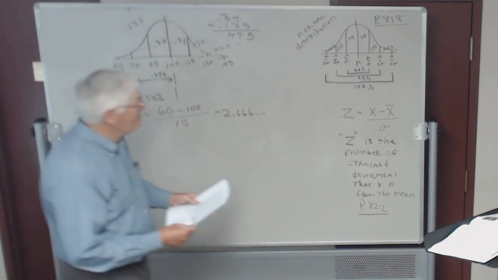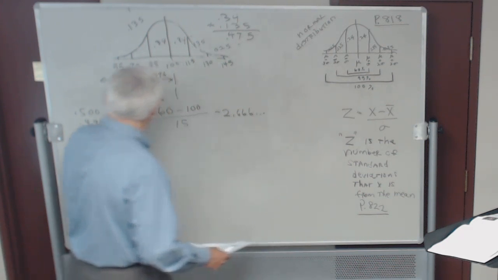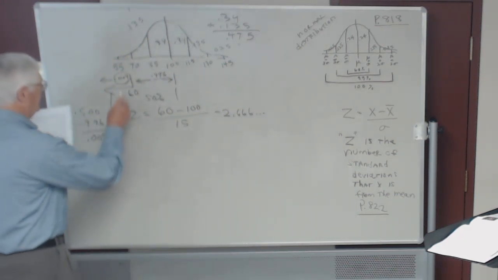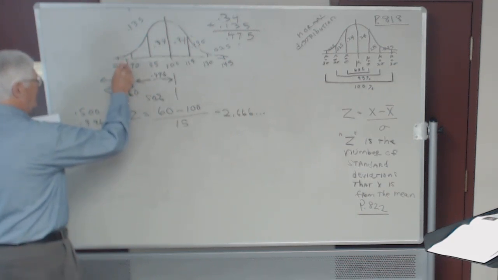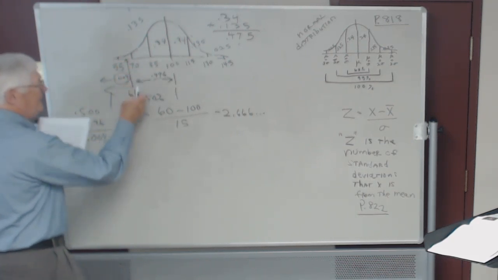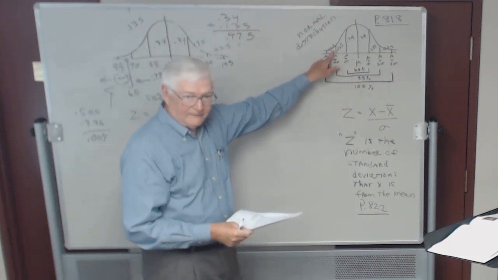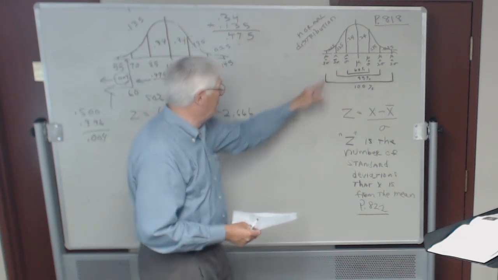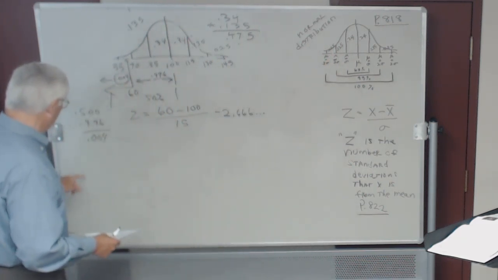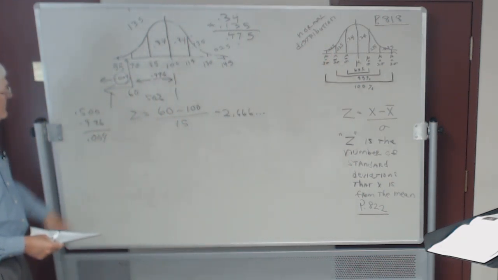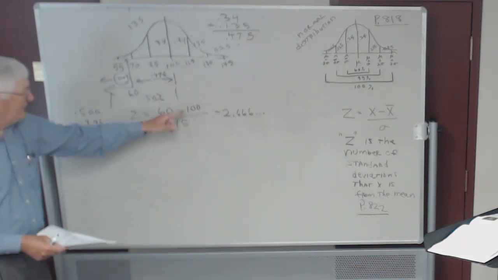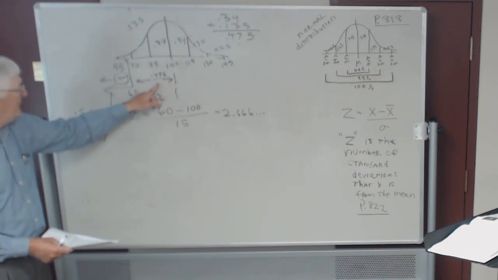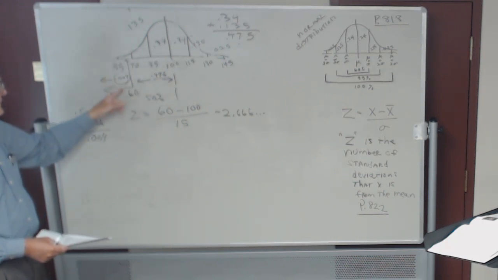Because remember, below 70 is 0.025, and see how it curves down like this? So 60 is 0.004, because this is negative 2.6 standard deviations below the mean. 1, 2, and 6/10 of another one.